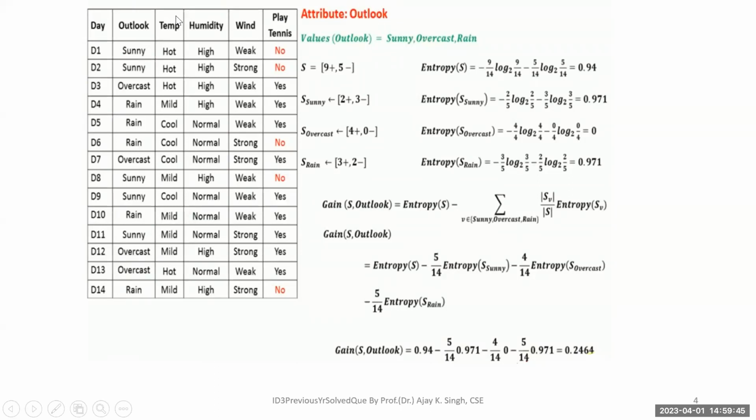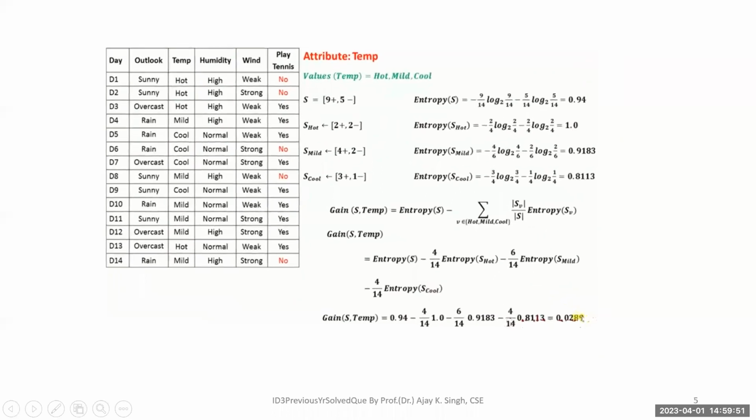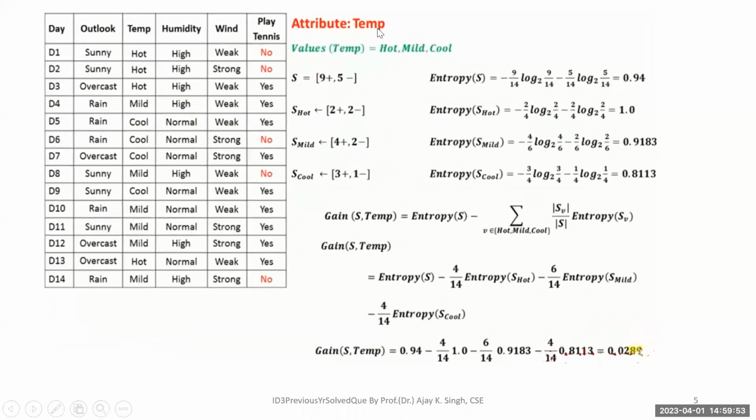In the same way, I'm going to calculate the gain of temperature, the gain of humidity and the gain of wind. I'm just going to show the slides. This is temperature. The entropy of the entire system will be the same, 0.94. In temperature, we are going to take hot, mild, and cool.